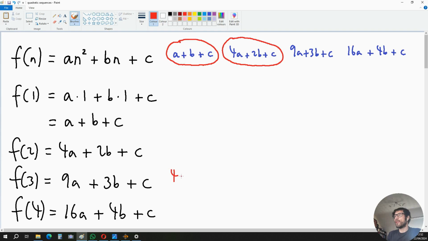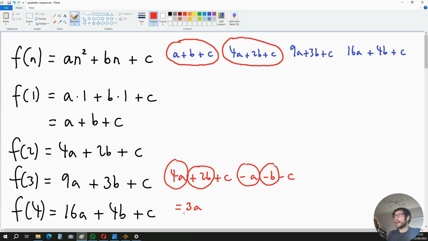Well, we do 4a plus 2b plus c minus a minus b minus c. What does that give us? Well, 4a minus a, that gives us 3a. 2b minus b, that gives us b.